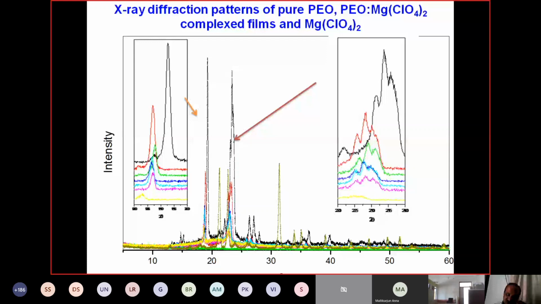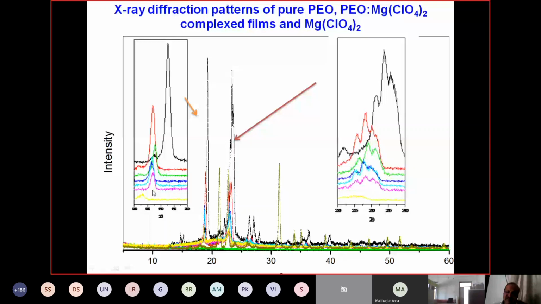This peak also moves towards the lower Bragg angle, and its intensity is also decreasing. So when we added the salt to the polyethylene oxide, it disrupts the crystalline nature of that material.